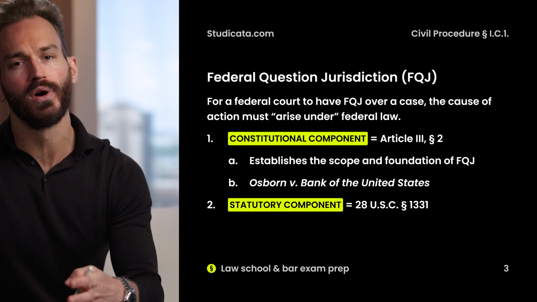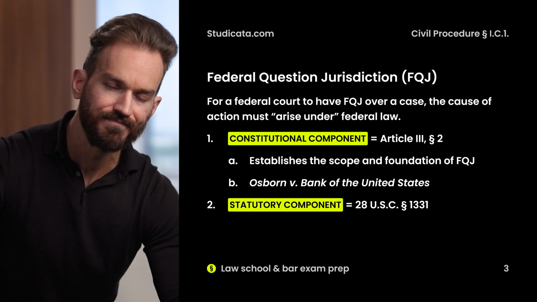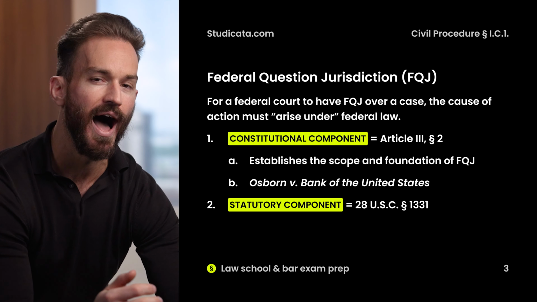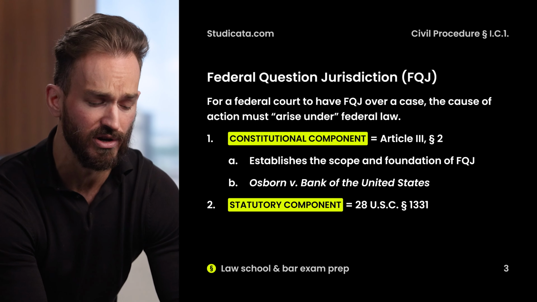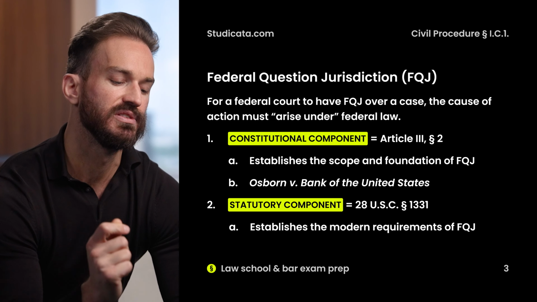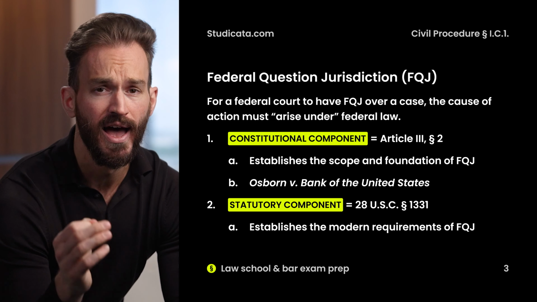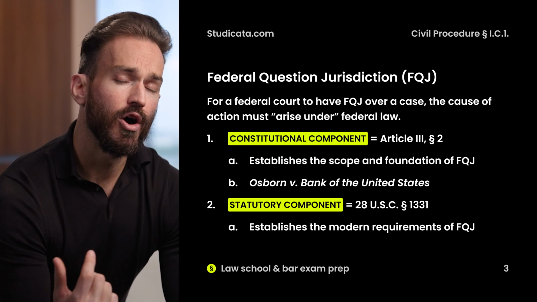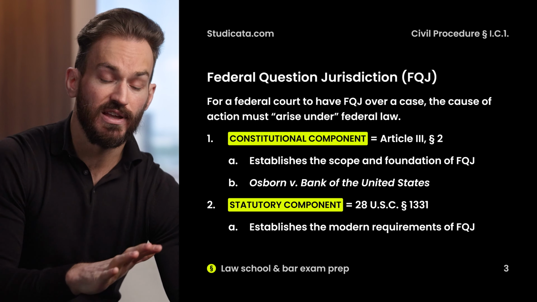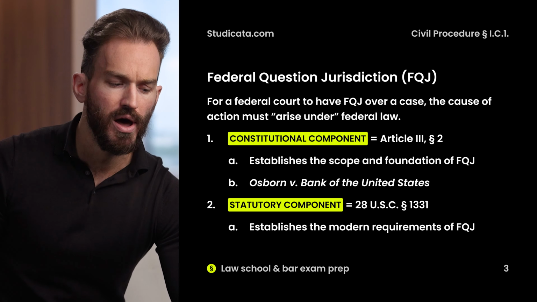Then we fast forward 100, 200 years later, and this gets refined. We get 28 U.S. Code Section 1331, which establishes the modern requirements of federal question jurisdiction. So Article 3, Section 2 lays the foundation and the scope. Osborn v.